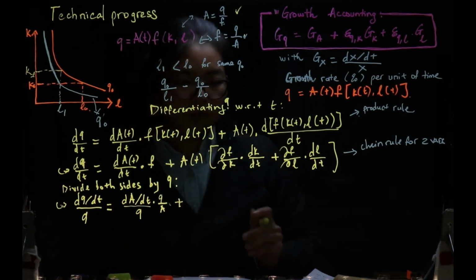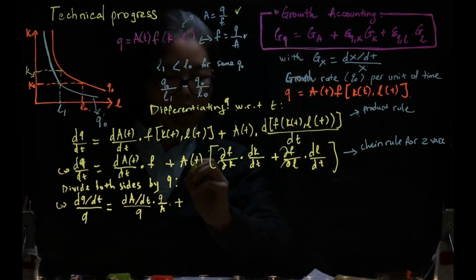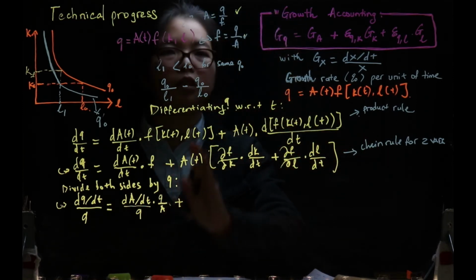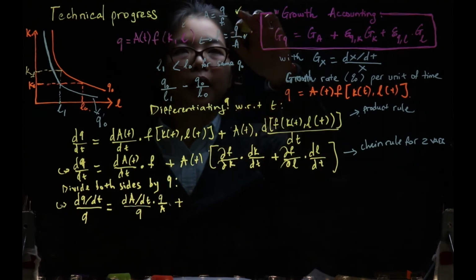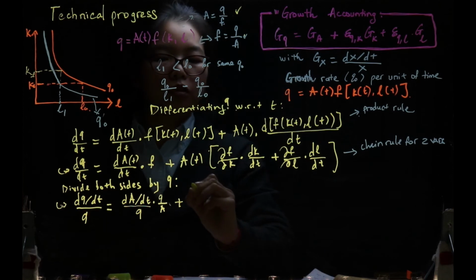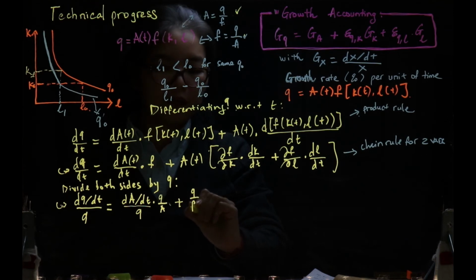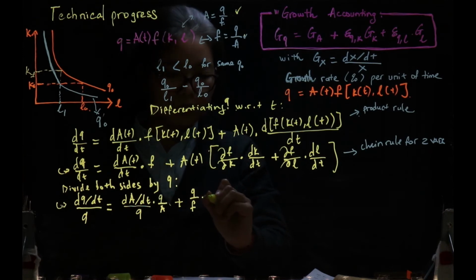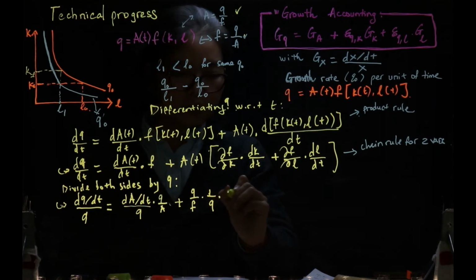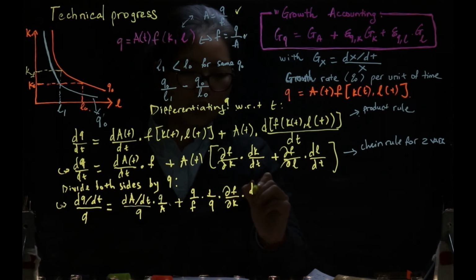The second thing, we distribute everything else in the bracket out, but at the same time divide by Q. And here I need the second thing, the A. So I will exchange the A by Q over F and take everything but divided by Q. So 1 over Q times dF over dK times dK over dt.